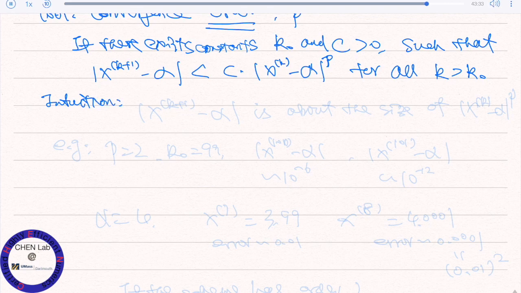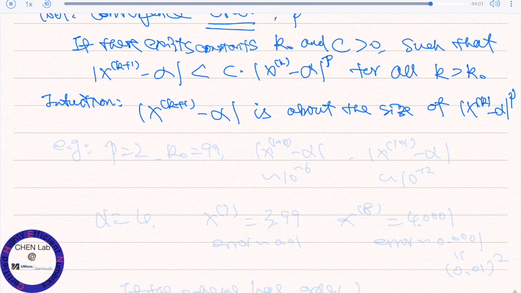is that my next error, x_{k+1} minus alpha, is about the size of x_k minus alpha to the p. So they're about the same size. It's no larger than that.